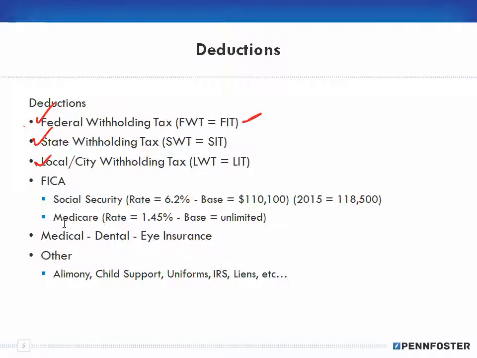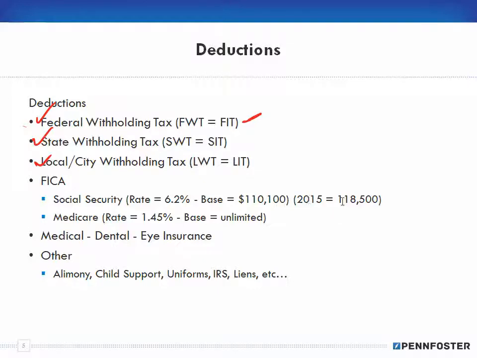Okay, so even though we're using the numbers that are in the textbook, and those are the numbers you should use to calculate any of the problems in the textbook and on the test, just realize that in the workplace today there are slight differences.